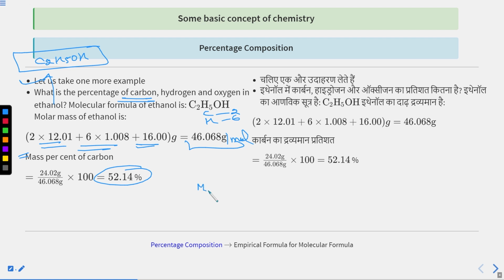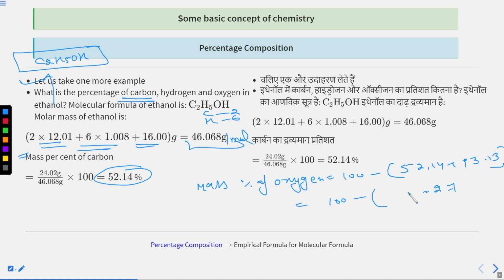Suppose you don't want to calculate the mass percentage of oxygen directly. So what can you do if you want to calculate the mass percentage of oxygen? You can use this technique: 100 minus (52.14 plus 13.13), that is 100 minus 65.27, which comes out to be around 34.73%.